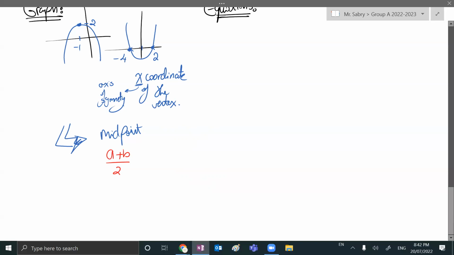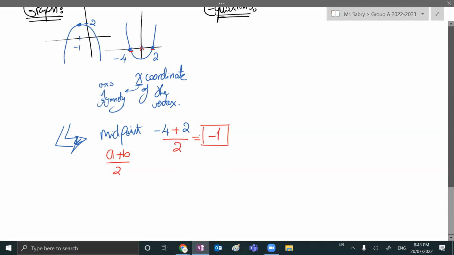So if I need here to find what's exactly in the middle between this -4 and this 2, all I need to do is just add them and then divide them by 2. So I'll put the -4 and I'll put the 2, and I'll apply the midpoint rule, which is adding them and dividing them by 2. This will get me -1.